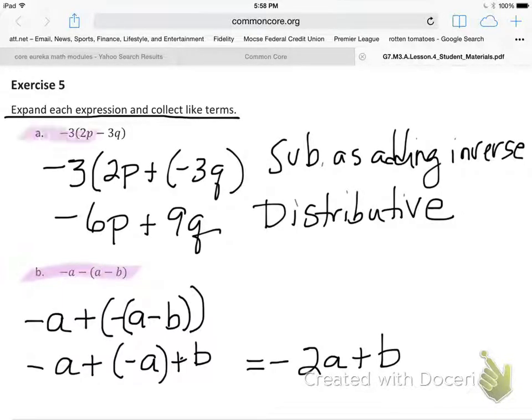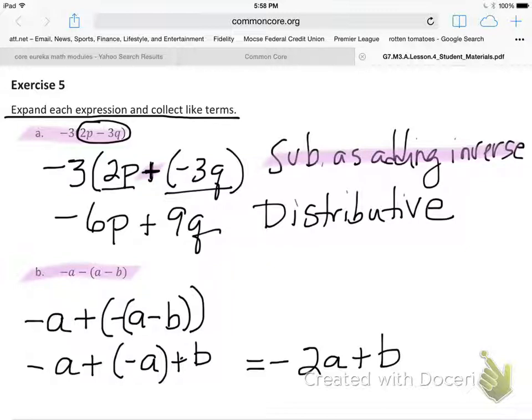Okay, so A here. What I did first, I did again subtraction as adding the inverse. I just took this apart, and again, once you get to know this real well, you're probably going to skip this step, but it's good to see it now. I took my 2p and then just added that plus sign, of course, inside this parentheses, plus the negative 3q, which is just this, shown as a sum instead of a difference.